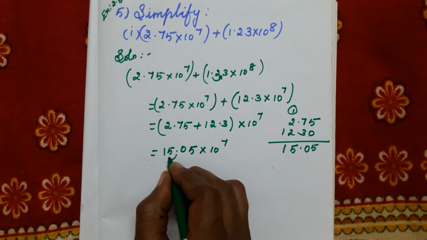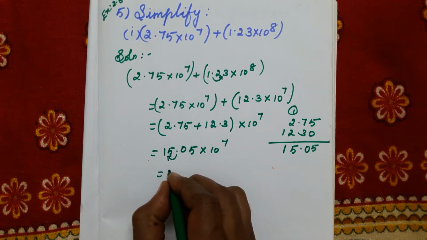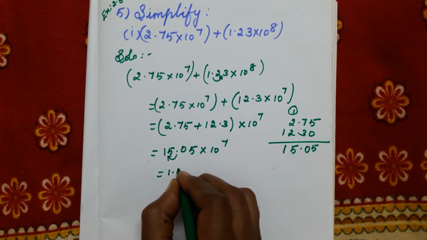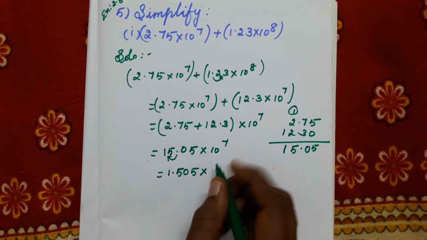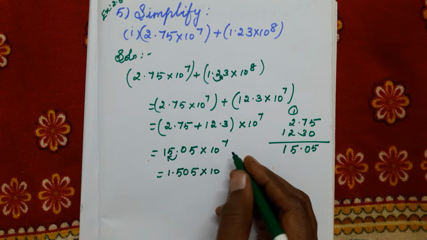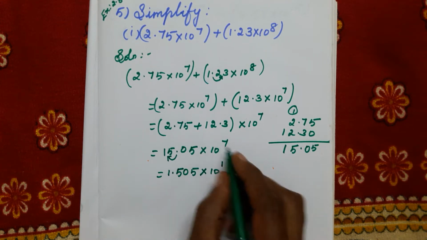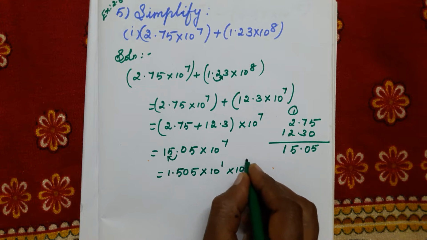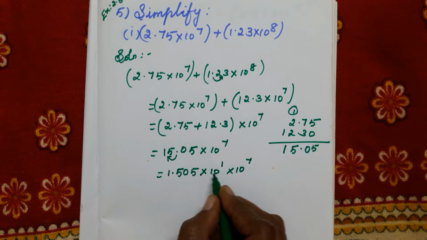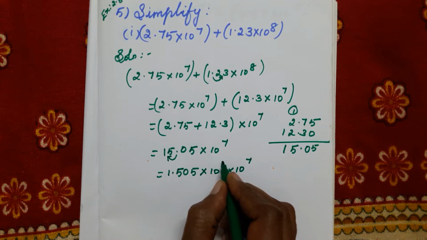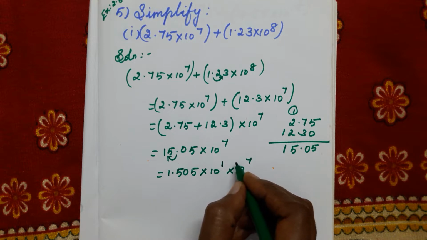If we move the decimal point 1 digit left, what will we get? 1.505 into 10 power 1. This 10 power 7 also we have to write the same. We moved the decimal point 1 digit left, so the power increased, 10 power 1 we are getting.